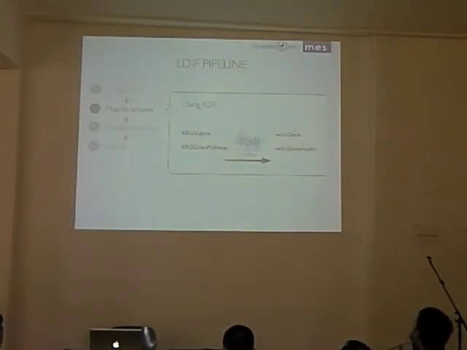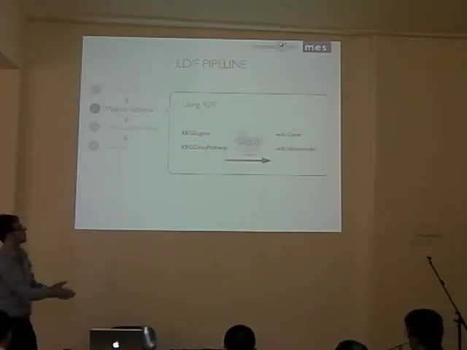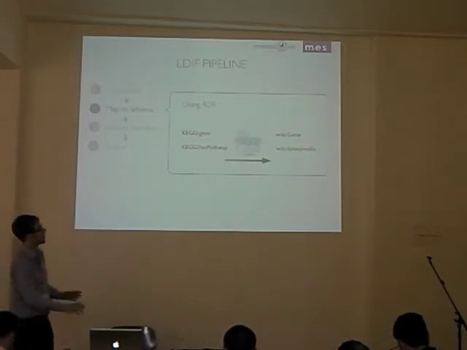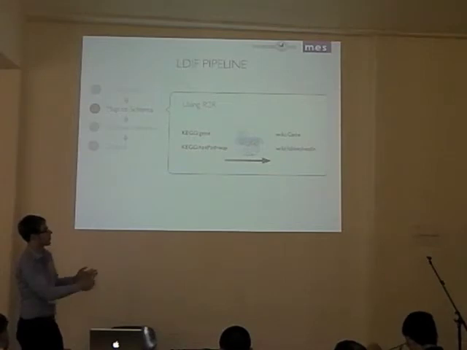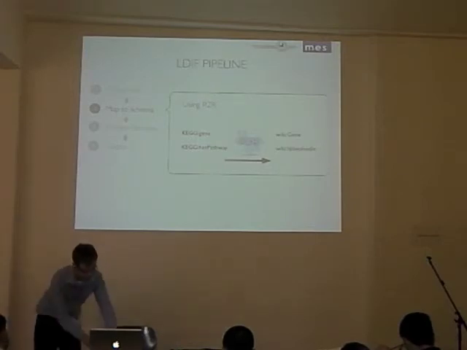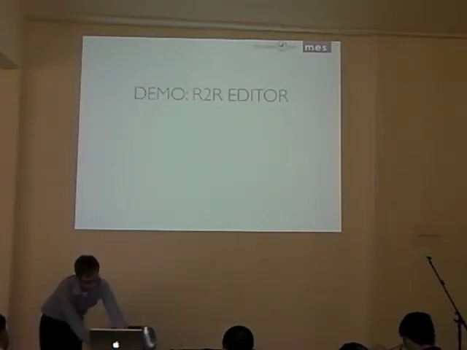Then we have R2R, which does the schema translation. So to repeat, for instance, I have an external data source that talks about genes that are referencing pathways. And in my wiki, I call them wiki:gene, and instead of saying has pathway, I would like to say is involved in something.